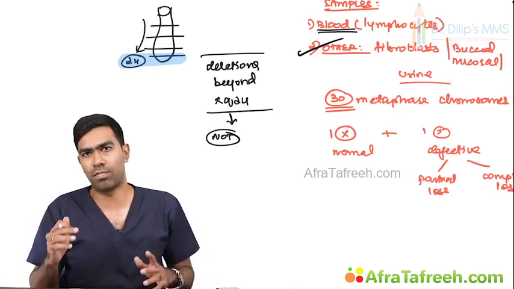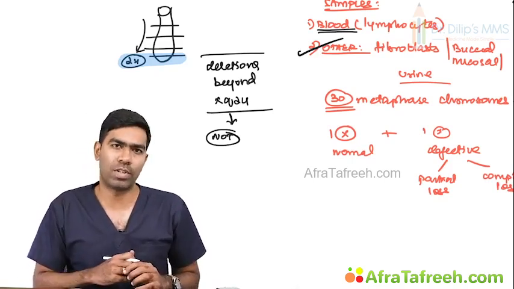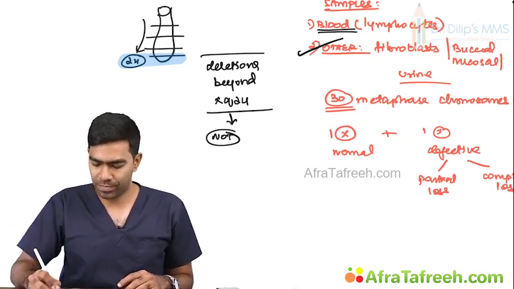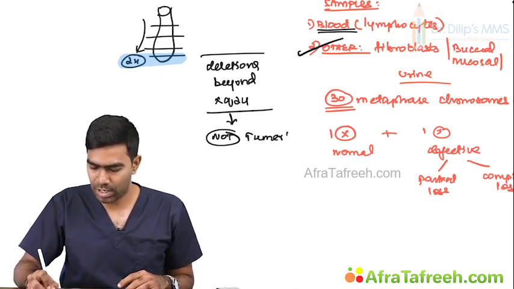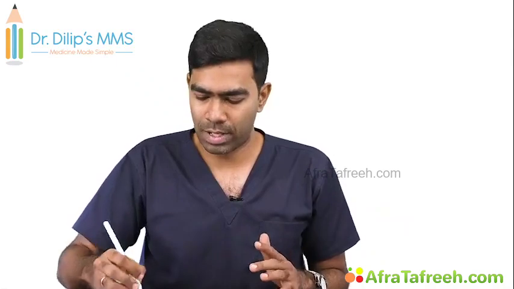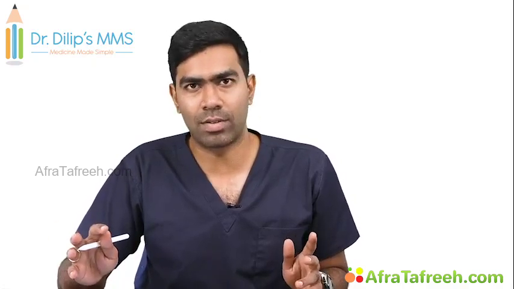Isolated deletions of this Q arm of the X chromosome beyond this Xq24 area is not Turner's. Even though they will result in isolated ovarian insufficiency, they will have isolated ovarian dysfunction, these individuals who are having deletions beyond Xq24, but this should not be called as Turner syndrome. They just result in ovarian dysfunction due to Xq24 deletion. It's not Turner's. That's the most important point. Fine. So this is the karyotypic definition of diagnosing a Turner syndrome.